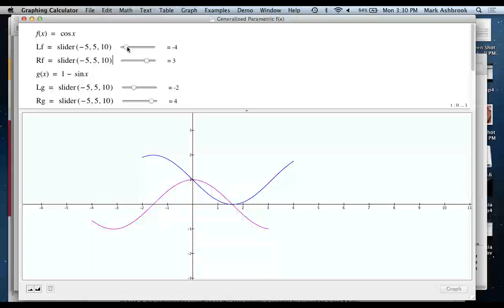So can you say it again, what we're trying to do in the next 2 command lines? Are we trying to graph the whole cosine x and 1 minus sin x, or what is it that we're wanting to do? Making it work just like this one works. So that when you change the left-hand bound of f, so first of all, I can come up here and I can change this.